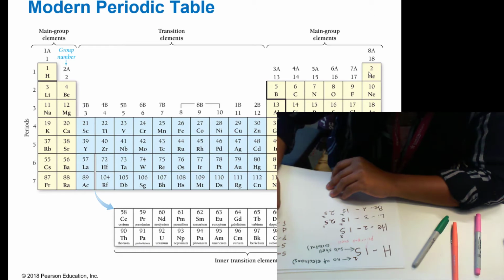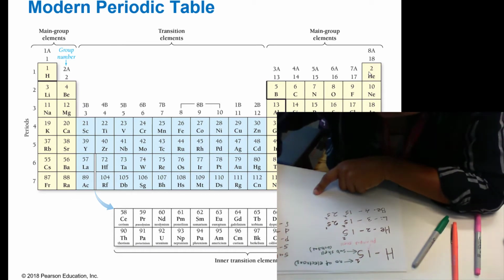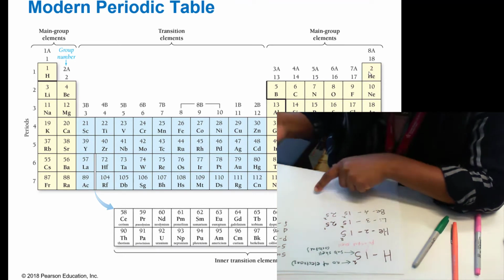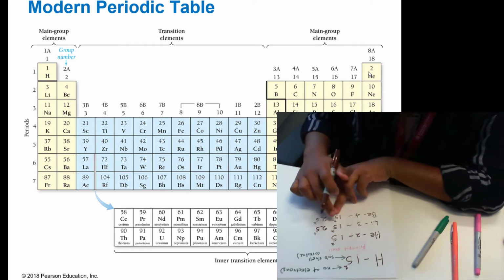D has 10, f has 14. The 6 electrons means you have 3 small orbitals: 1, 2, 3. D has 5: 1, 2, 3, 4, 5. F, 14, is 7 orbitals. So now beryllium is good because you have 4.